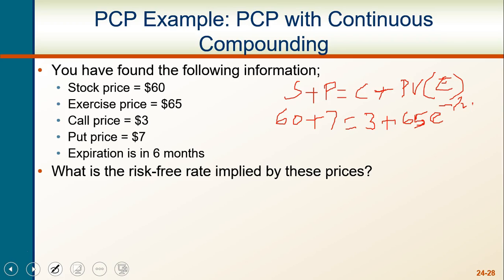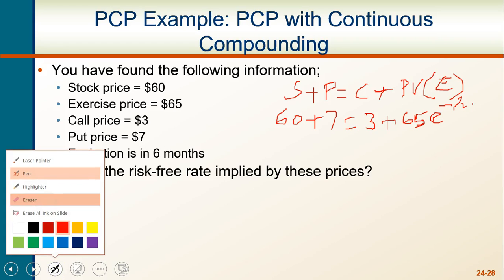So basically in the exponent we can write 0.5 times R. So let me just erase this and write simply 0.5 times R.